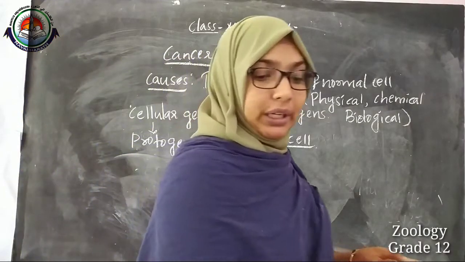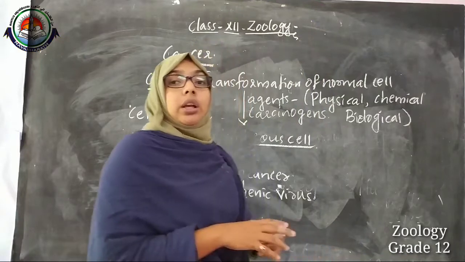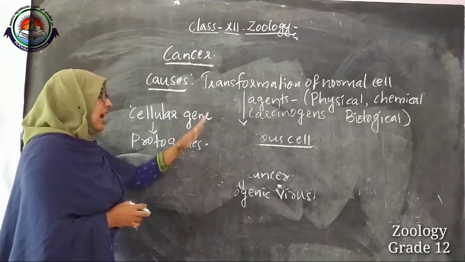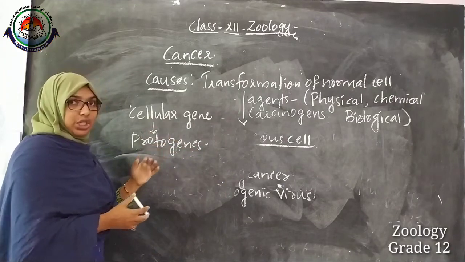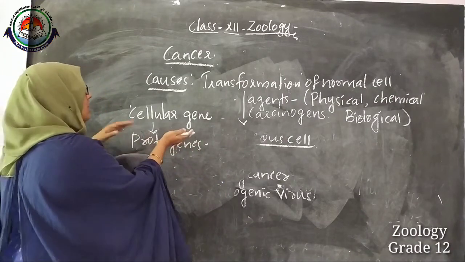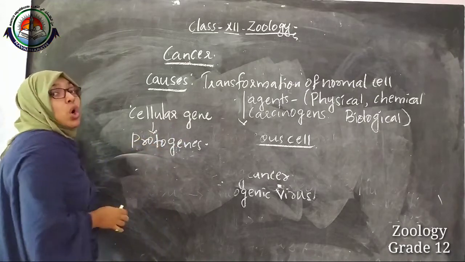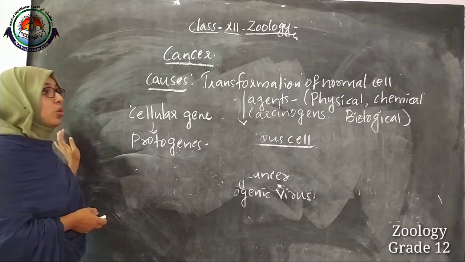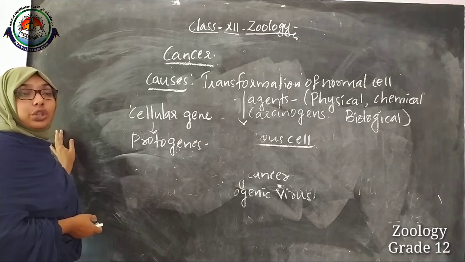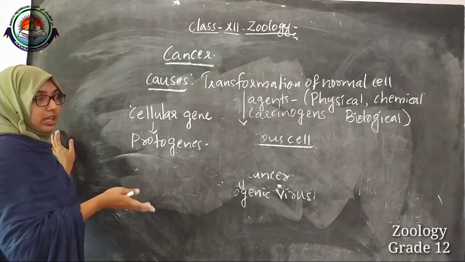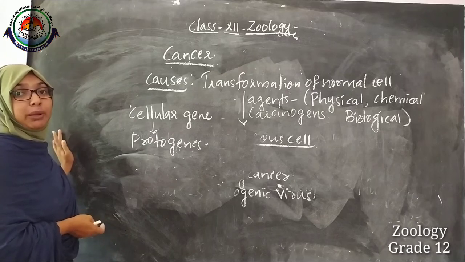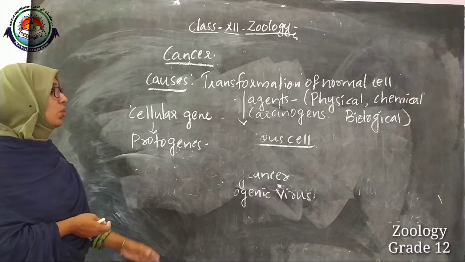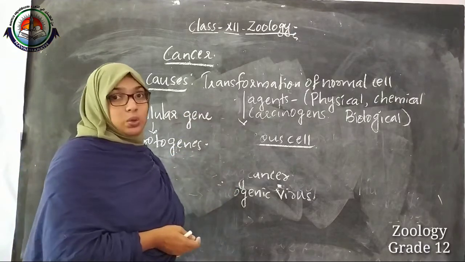These genes have the property to transform the normal cell into a cancerous cell under certain conditions. Under certain conditions, these genes will transform into oncogenes. That's why we are advised not to be exposed to X-rays or UV rays regularly. X-rays and others have the capability to change normal genes into cancerous genes, oncogenes.